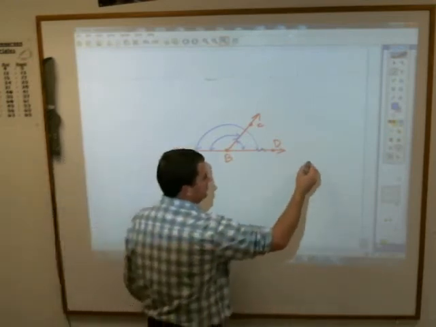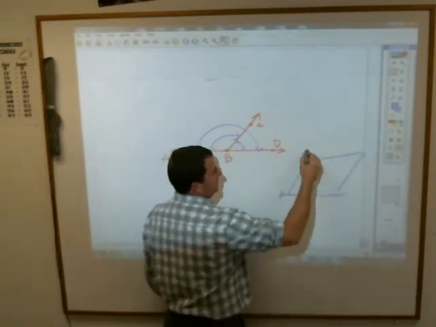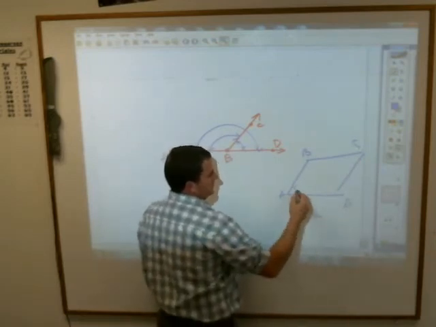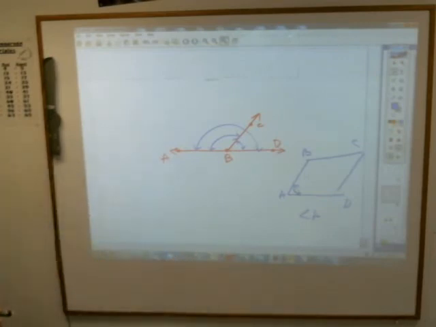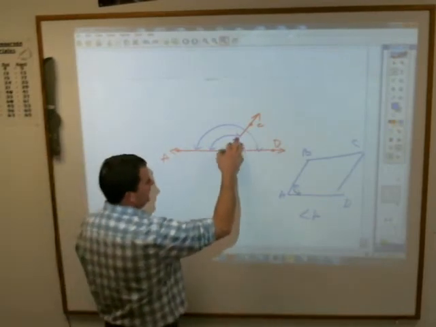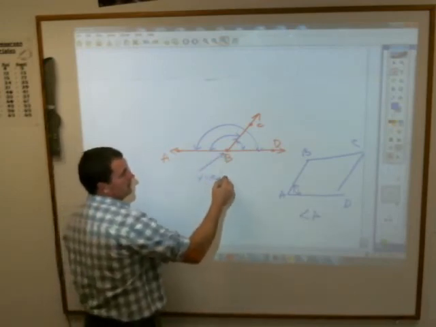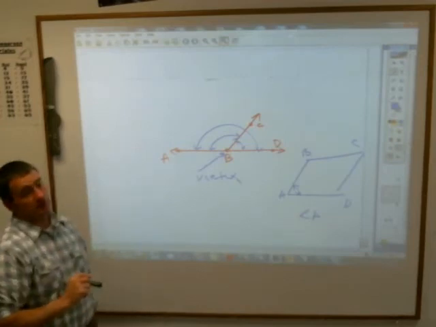Okay, so sometimes it's okay if there's no other choice. If you had a shape that looked like this, and it was labeled A, B, C, and D, you can label this as angle A. That is fine because there's no other possibility it can be. But when you have a couple different angles coming off that same B, which is called what? The vertex. When you have more than one choice, you have to use the letters to name it.